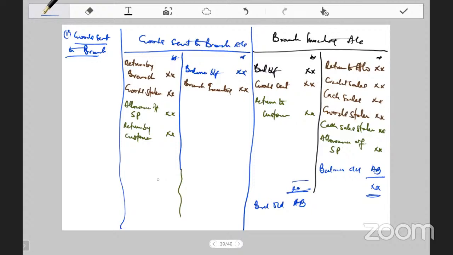As I have the balance brought down here, it will also be my balance brought down in my goods sent, which will come as balance carried down. All things being equal, yesterday we said, and we're also repeating now, that the branch inventory account must be self-balanced. So once it's self-balanced, there's no issue.